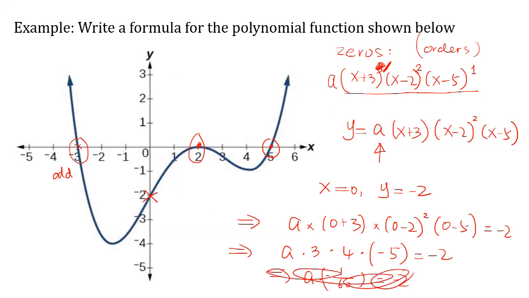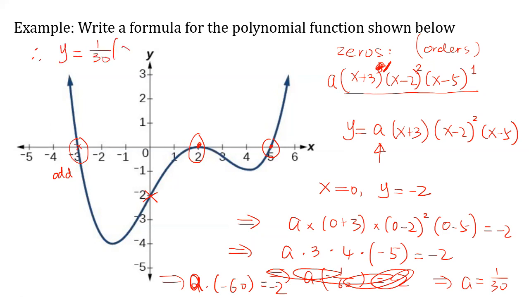Sorry. This means a times minus 60 is minus 2. So a equals 1 over 30, right? So the expression of the function is y equals 1 over 30 times x plus 3, x minus 2 to the second, and x minus 5, right? You understand?